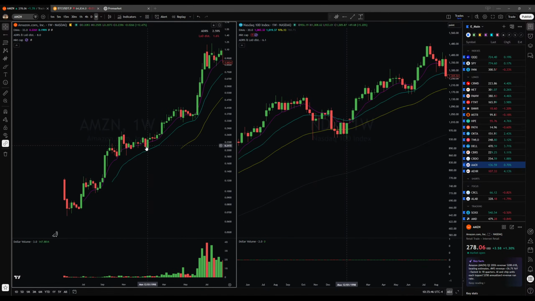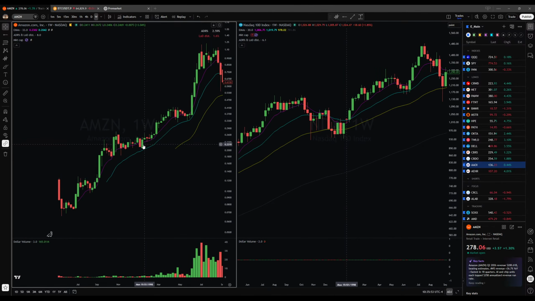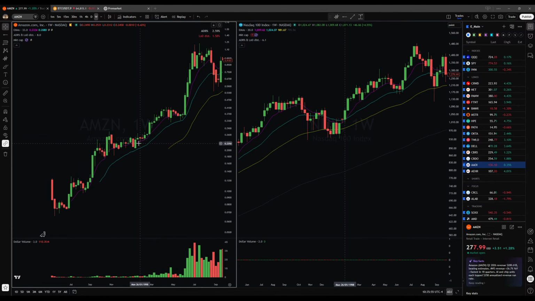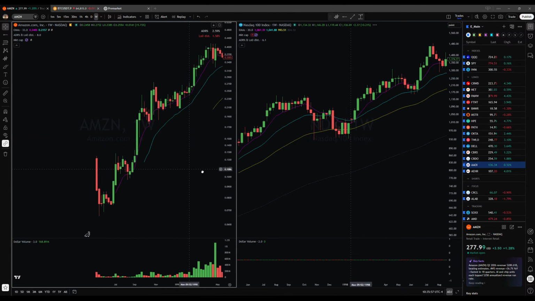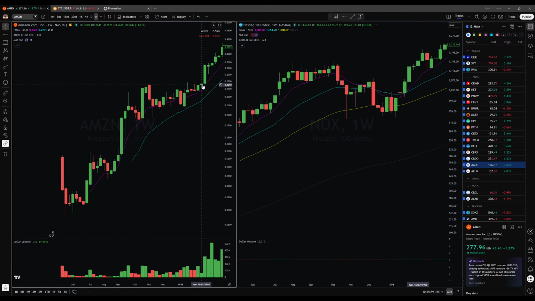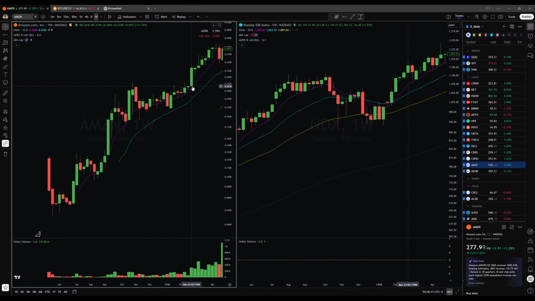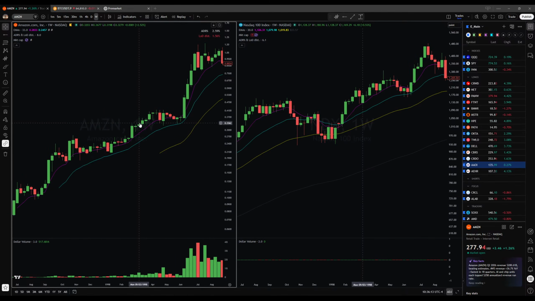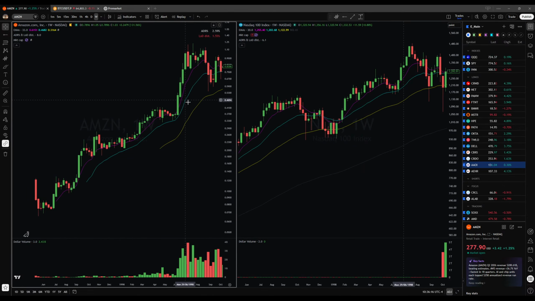It has closed below it once, but it recovered the 9 EMA pretty quickly, and then keeps building higher lows, and right here forms a pretty decent inside week near the previous swing high, probably a VCP breakout. I would consider this one really clean on the weekly chart, you can tell, and it continues higher.